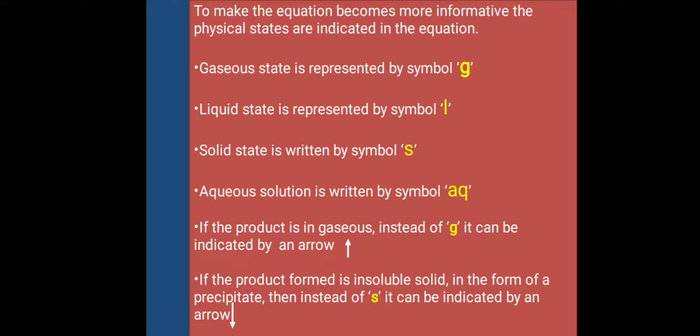Let's have an example of this. Again the same example. Zinc plus copper sulfate gives zinc sulfate plus copper. In this reaction, from the symbol S, we can understand zinc is present in solid form.